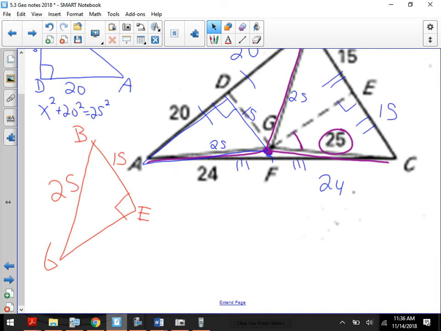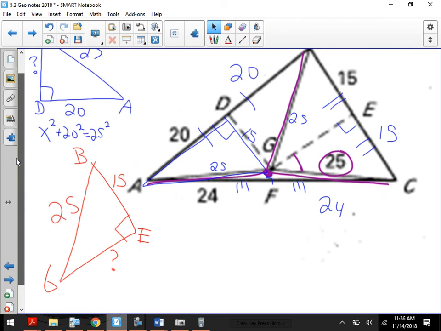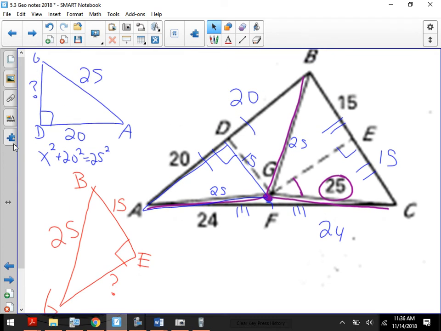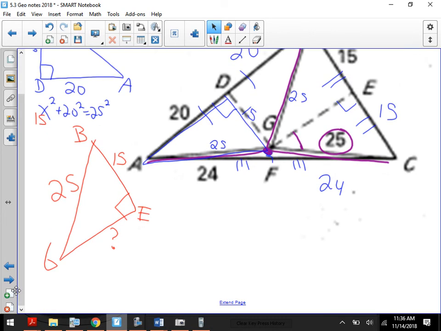This one was 15. What's that one going to be? It'd be 20. Because the other one was something squared plus 20 squared is 25 squared. Well, that was 15. That means 15 squared plus something squared is 25 squared. What's the something? 20. You don't have to even math that one. So that's your other one. It's 20.